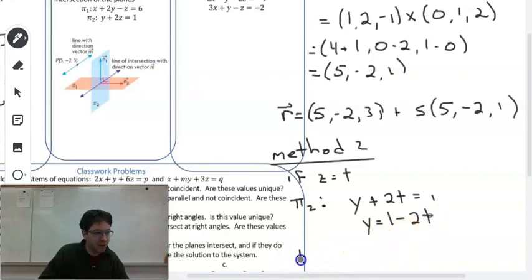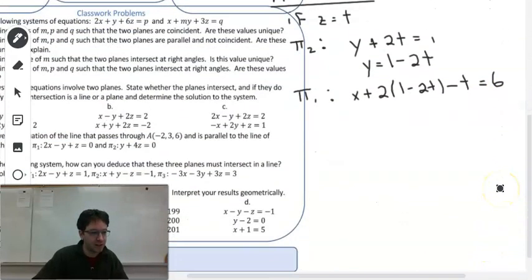Then we can look at pi 1, and we're going to find what x is. The equation gives us x plus 2y, but we know y to be 1 minus 2t, and then minus z, which we stated was t, equals 6.